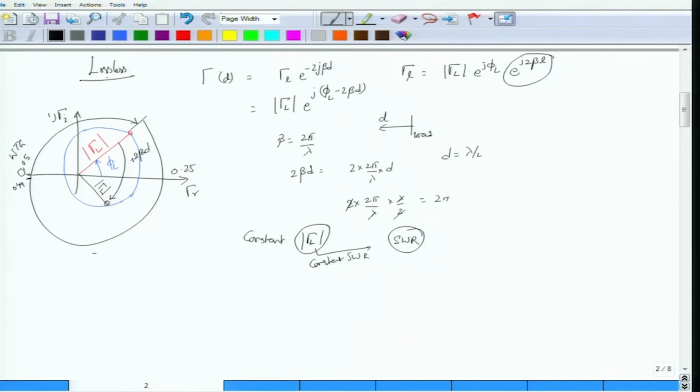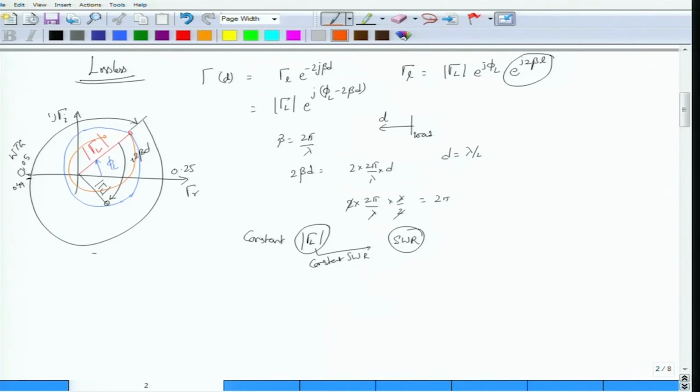Again, it is important to note that we are dealing with only lossless transmission lines. If not, it won't be a circle, it would actually be a spiral. If, for example, your alpha is non-zero, then from this point you would have dropped down to this point, so it would essentially be a spiral, and at the end point the length of gamma L would have been reduced by a factor of exponential 2 alpha d.